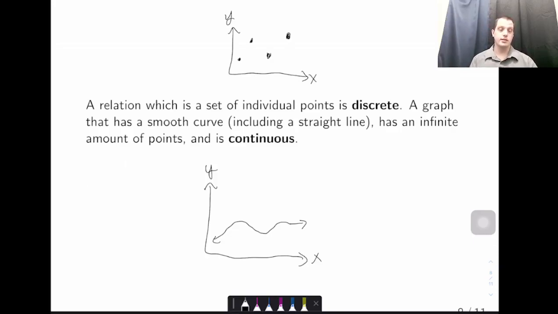Because all these points are infinitely close to each other, they look like a smooth line. They're actually a whole bunch of points, but they're so close that it looks like a smooth line. This is basically any line or curve.